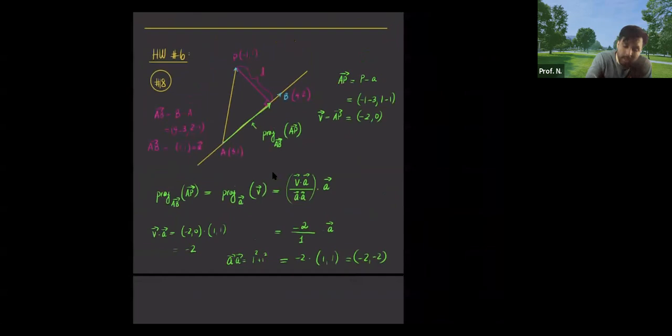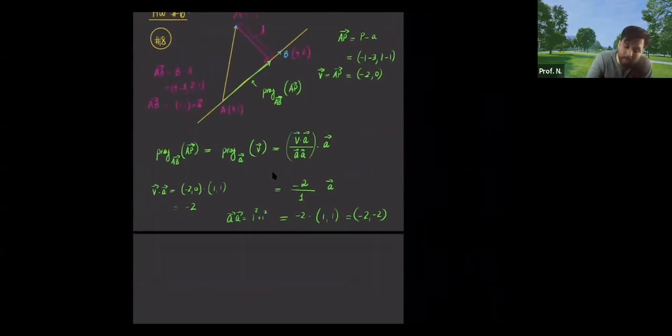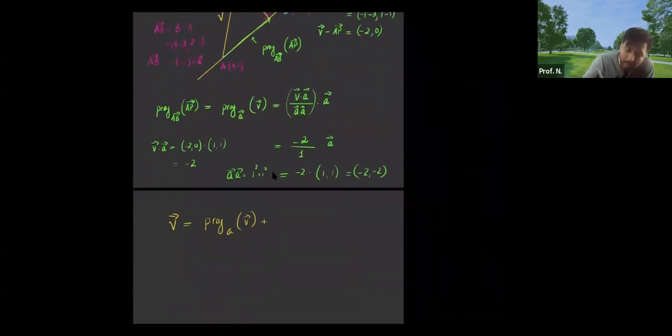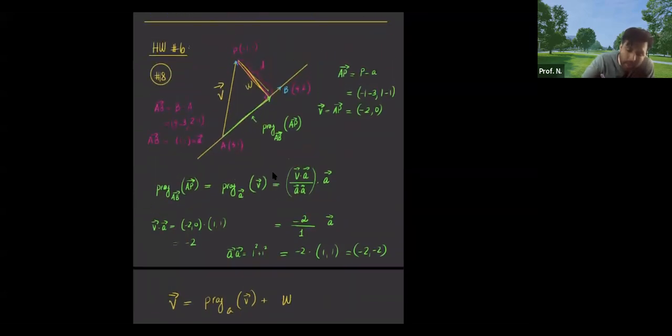That's the projection, right? So remember, the original vector V is equal to the projection of V along A, plus, I'm going to call this vector W, and W is in the orthogonal complement.